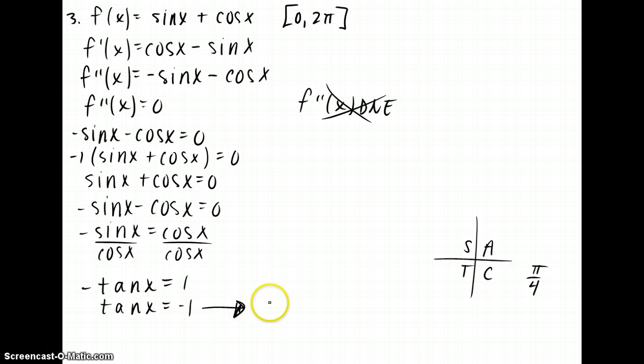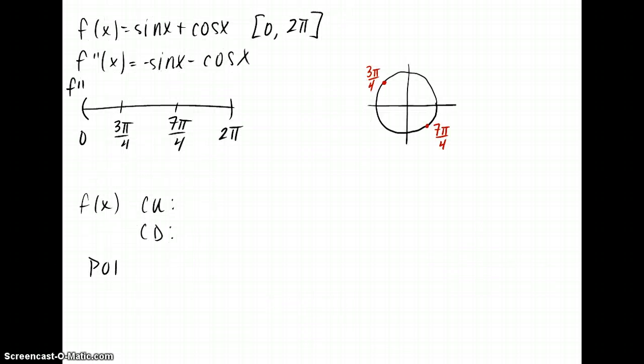Now again, from here, what's your reference angle? Pi over 4. Because at pi over 4 the tangent is 1, and then in what two quadrants is the tangent negative? In the second and fourth. So 3 pi over 4 and 7 pi over 4 are our critical numbers. Okay, so I put those on a number line.